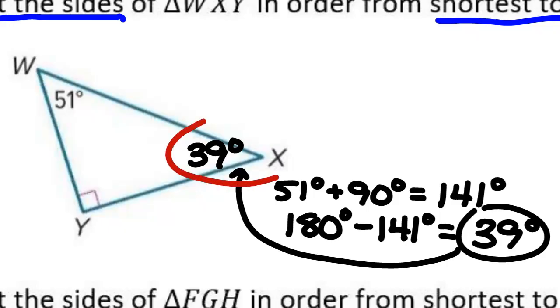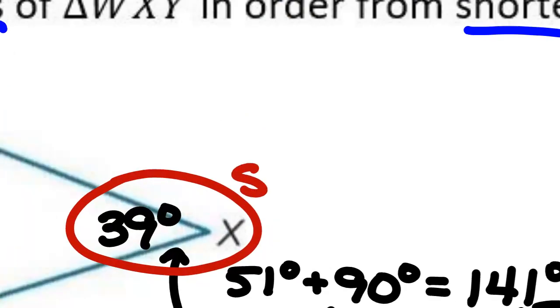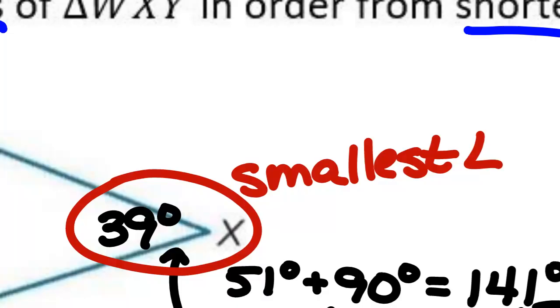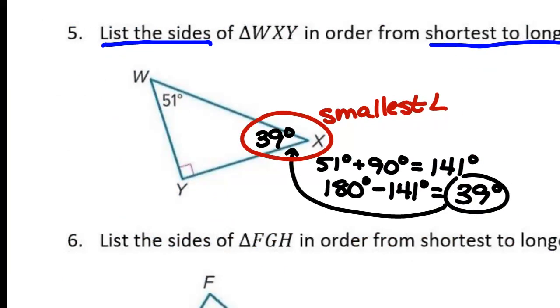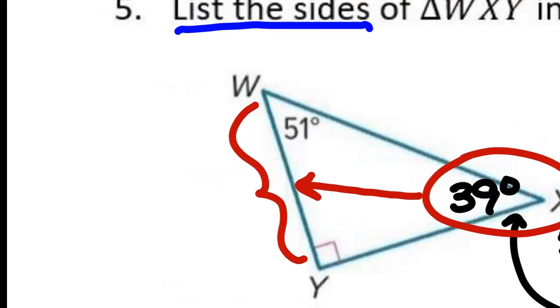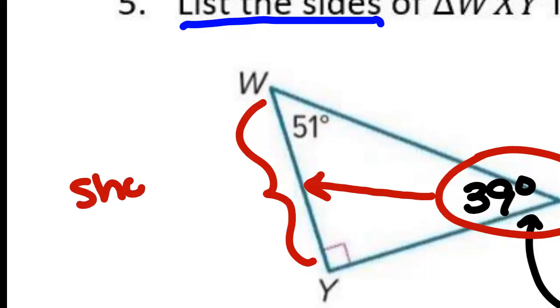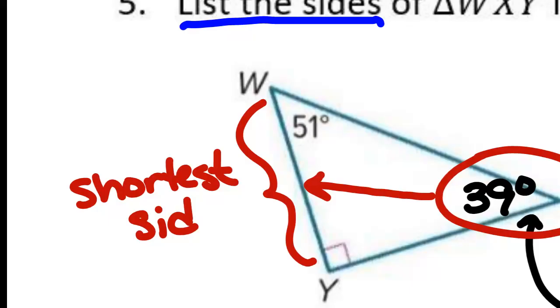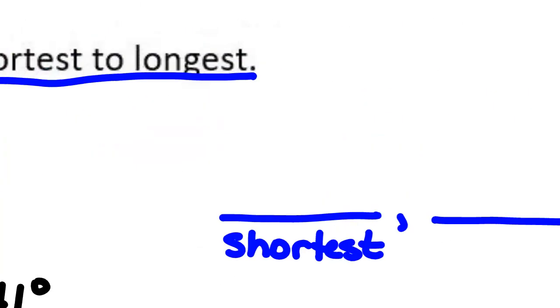Yep, X is my smallest angle. And so if X is the smallest angle, what would have to be the smallest or the shortest side? WY across the triangle, right here, opposite that angle. My shortest side is WY.